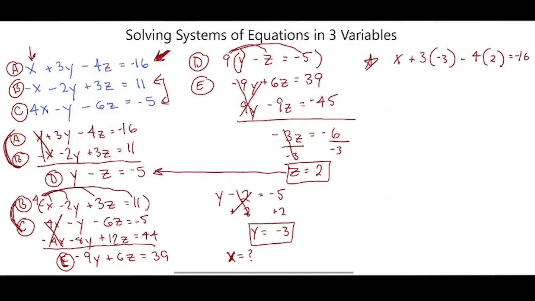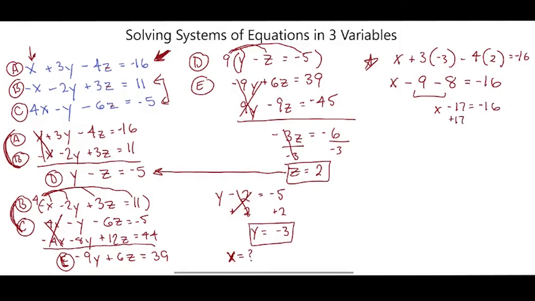All right, let's simplify that. x minus 9 minus 8 equals negative 16. Well, I can combine my negative 9 and negative 8, so that's x minus 17 equals negative 16.